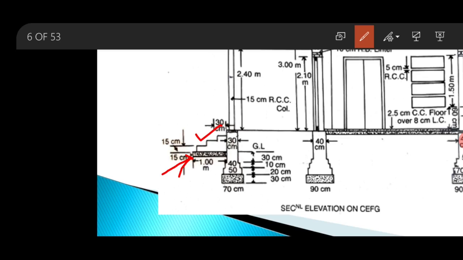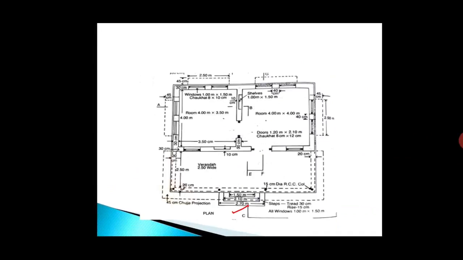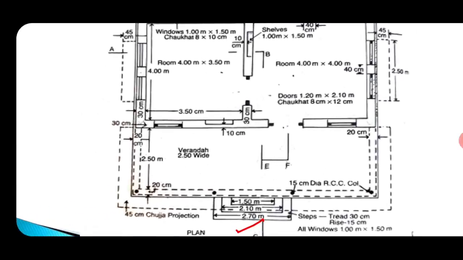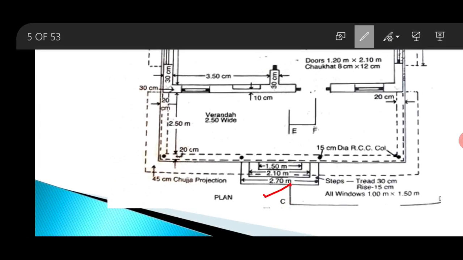So for this, first we have to calculate what will be the length of this excavation. See here, what is the length of the last step? For the calculation, we have to find out the length of the final step.